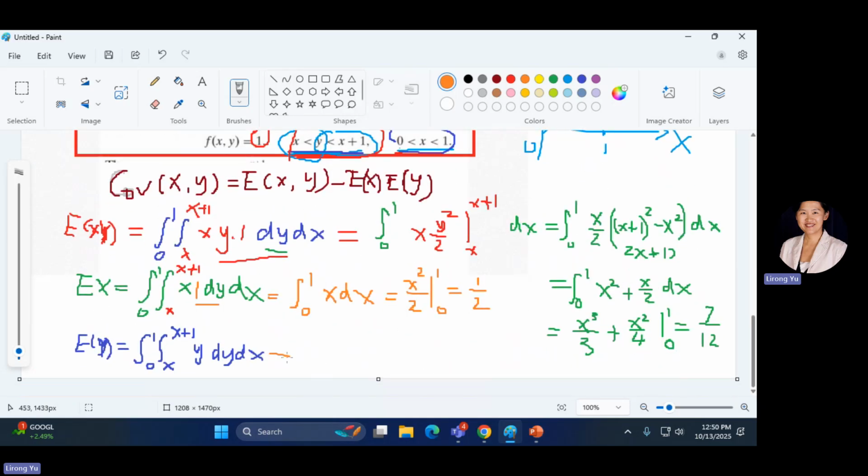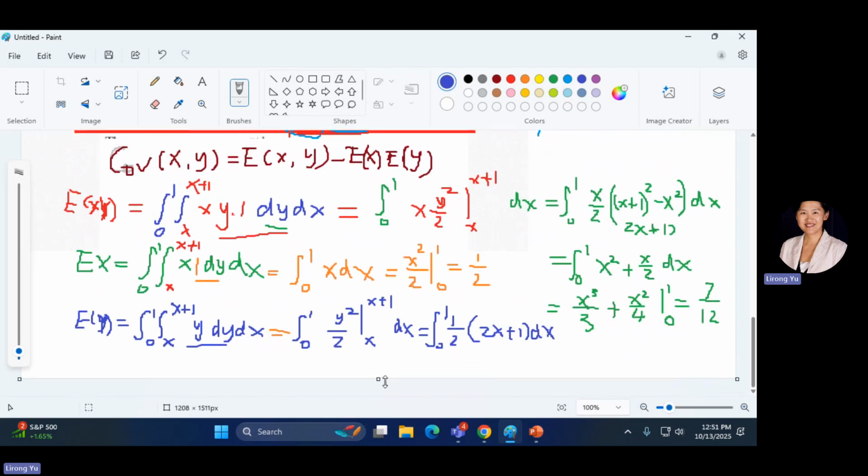Let's see what happens for the mean value for y. We'll integrate y dy. It will be 0 to 1. The inner layer is y dy, integrating to y squared over 2. Going to put in the integration limit x plus 1, and then dx. So the antiderivative would be 0 to 1, 1/2, and then x plus 1 squared minus x squared, which should be 2x plus 1. And then dx.